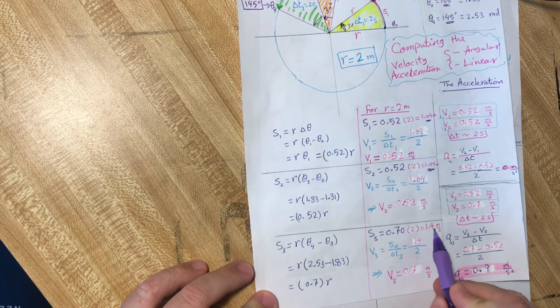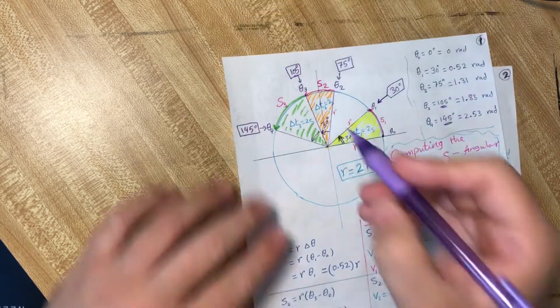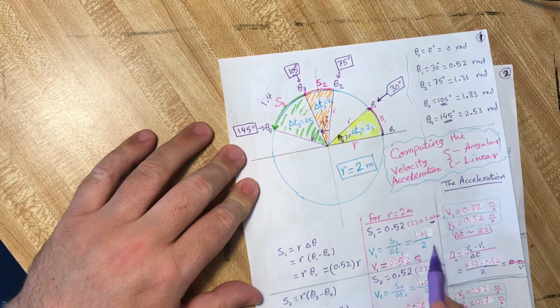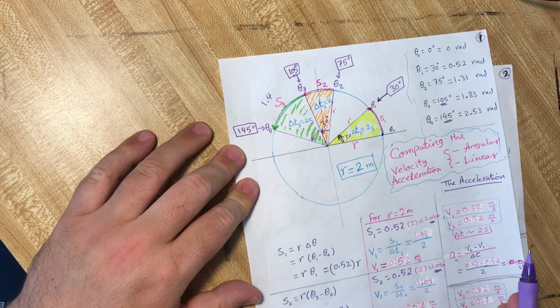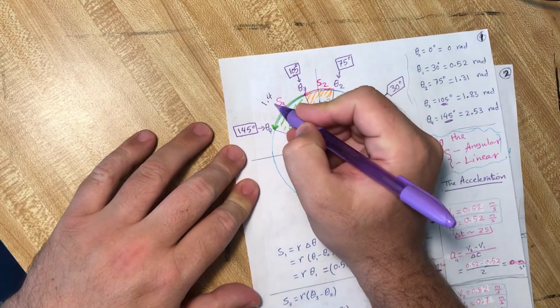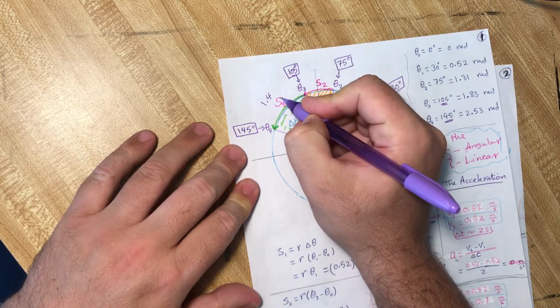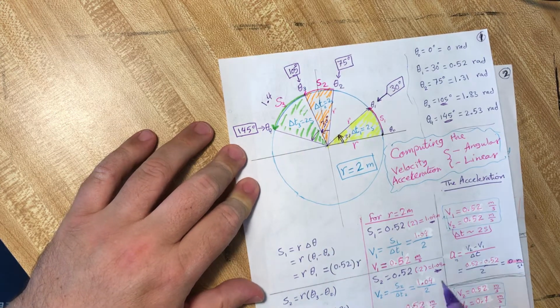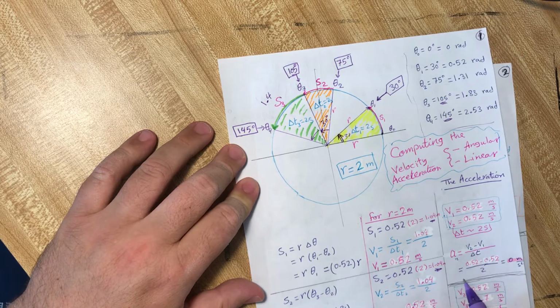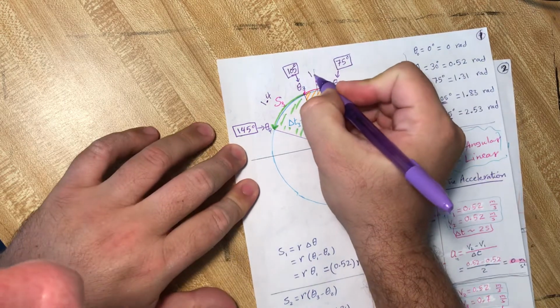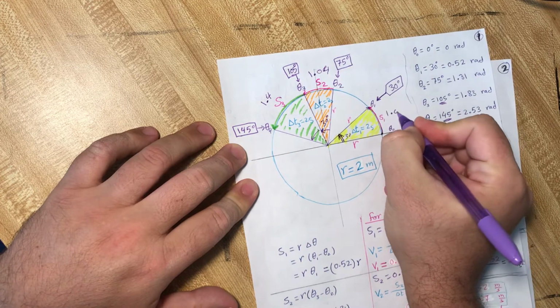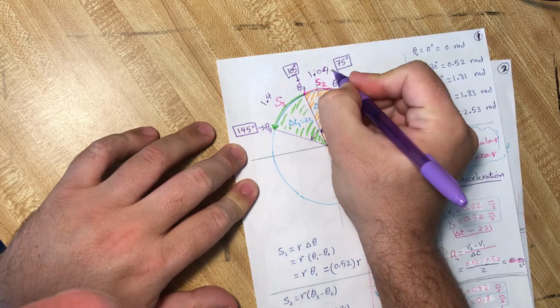It will be 1.4 meters. The length S3 is 1.4, while the length here is 1.04 and the length here is 1.04 meters.